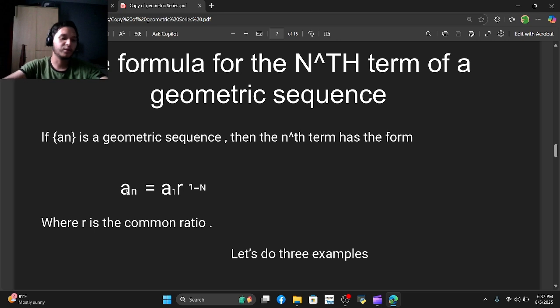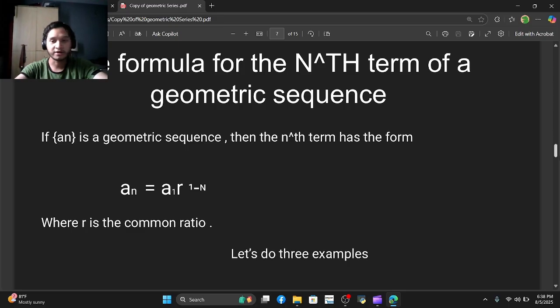Now, if we want to know the second number in the sequence, we go back. We have to take the first term in the sequence times the ratio. Remember that we took the second number in the ratio, so that number is the n. So we would take r to the power of 2 minus 1.